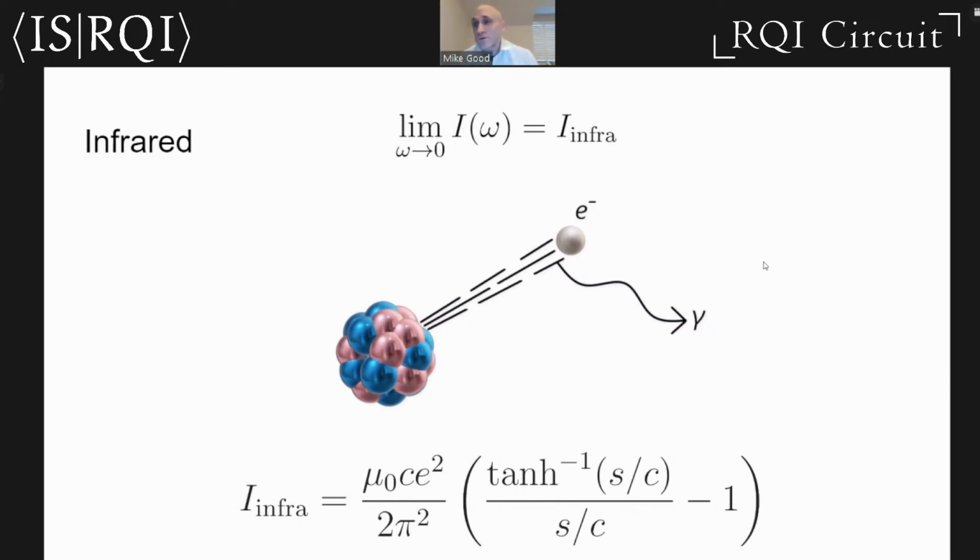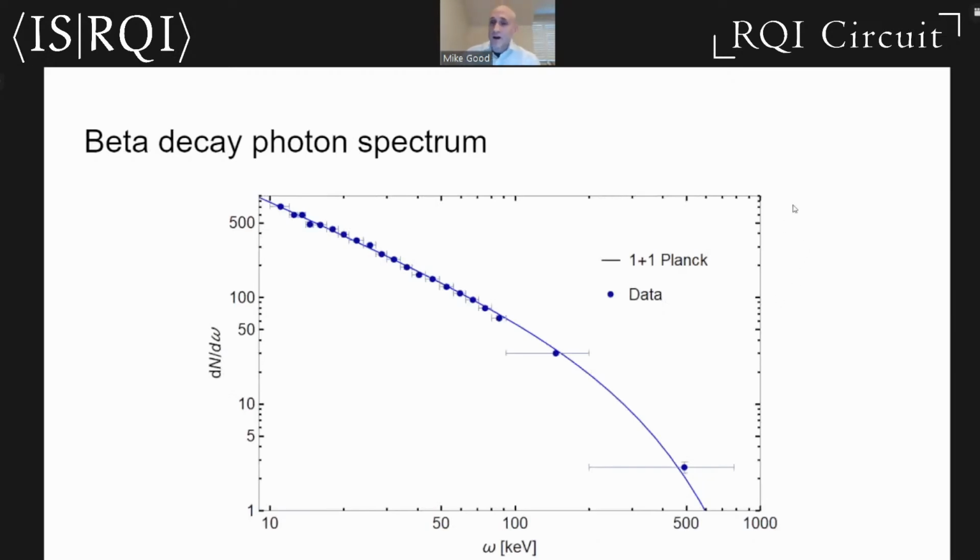And so we, me and my colleagues, decided to look at beta decay, where a neutron is converted into this electron, and check to see if our spectrum, I omega, could characterize the color of light from beta decay.